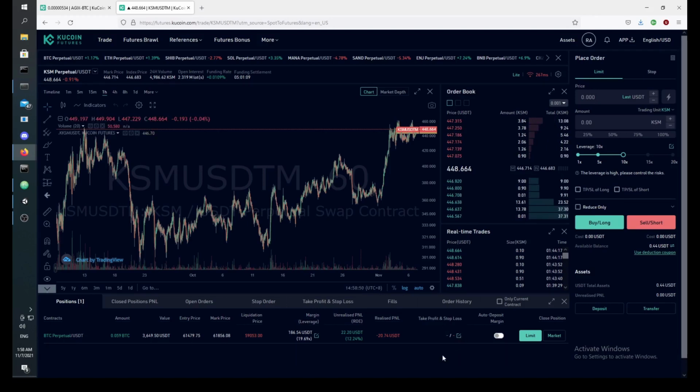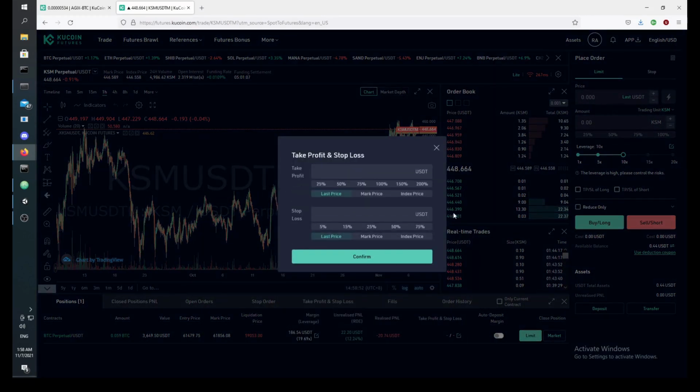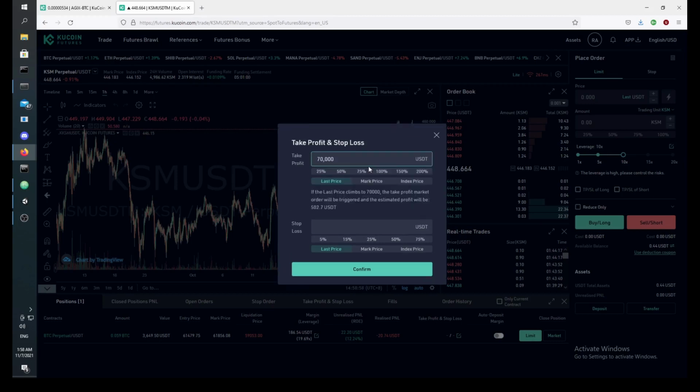You can also set up a take profit and a stop loss. So if I want to say, okay, if Bitcoin reaches this certain amount, which I can type in here, let's say it reaches 70K, then I'm going to sell all of my Bitcoin. I can sell at the market price or the last price or the index price.